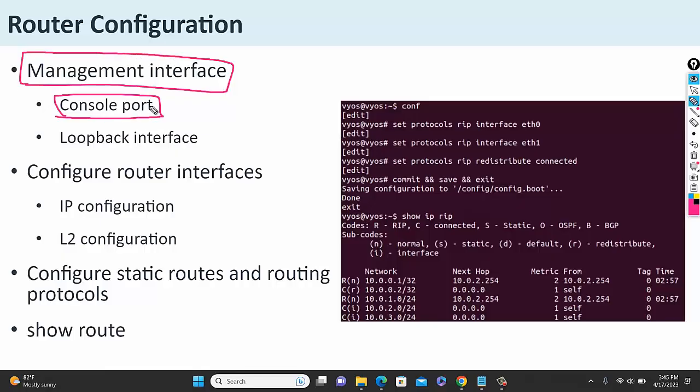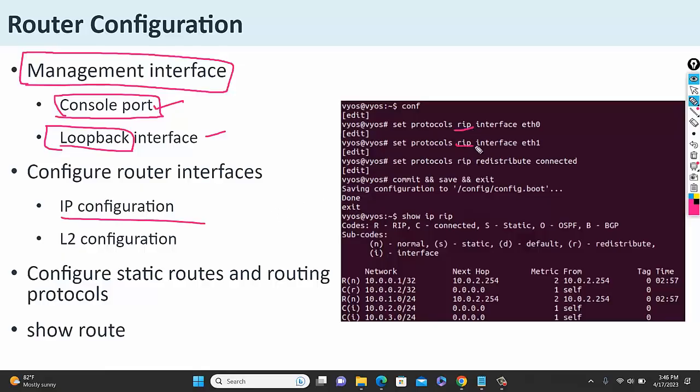Management interface means the interface available to access the command line interface of the router using the console port. There is another type, the loopback interface. All of us know about the loopback interface. Then how to configure the router, giving the IP configuration. We have done the IP configuration in the previous sessions already.